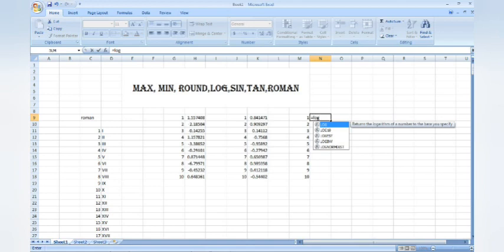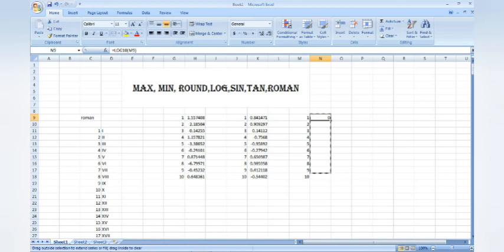For this video we're going to work on base 10 log, that is LOG10. So M9, close your bracket, enter. So log 1 base 10 is 0. You go down, log 10 base 10 is 1. So as you can see, these are the results for the log.